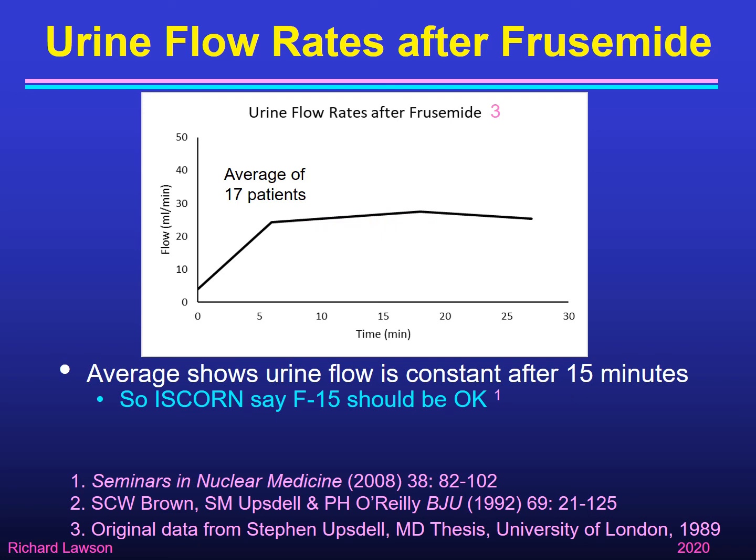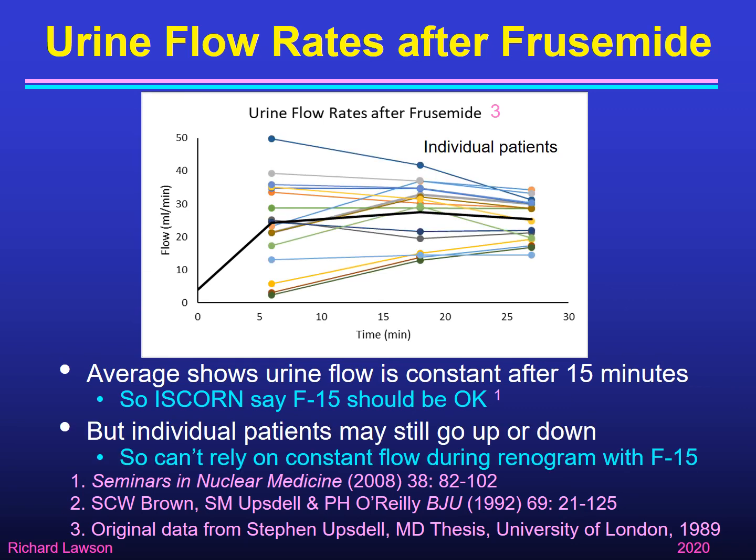But that is the average of 17 patients. If you look at the individual patient data, you can see that there's a lot of variation. In some patients it had hardly changed by 5 minutes and went up quite rapidly after that. In others it was quite high at 5 minutes and fell over that time. So if you're trying to say it should be a constant flow rate after 15 minutes, you see that in individual patients there are some where the flow rate goes up after 15 minutes, some where it went down quite considerably after 15 minutes.